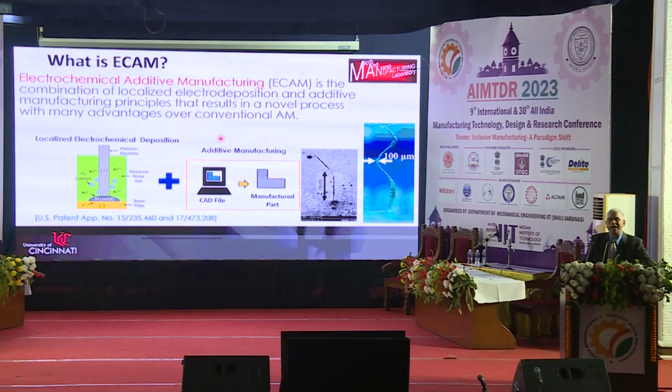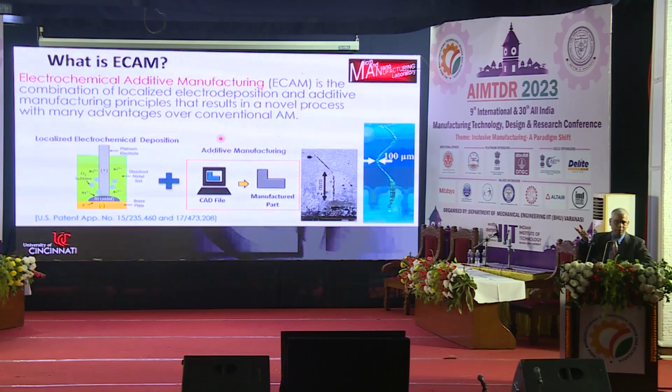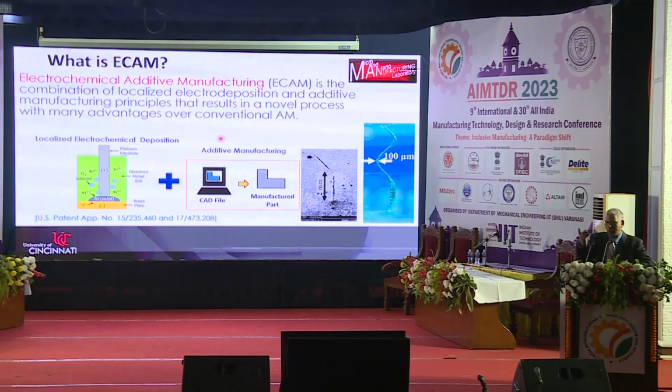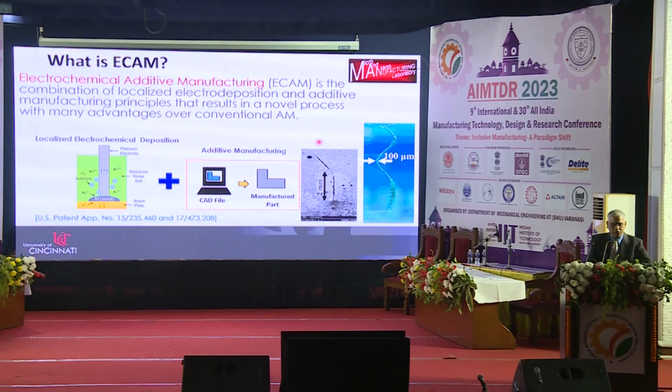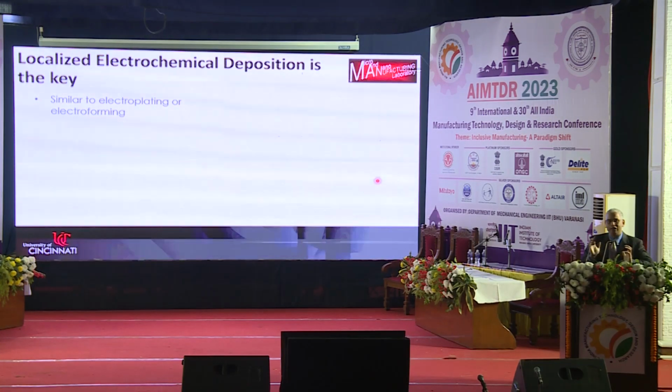These are some freestanding structures. And why I show you this is the moment you say electrodeposition, people will think about planar structures. Coating, the name itself says electroplating. That is no longer true. You can have some freestanding structures like this using the principle of electrodeposition. And the key here is localization.